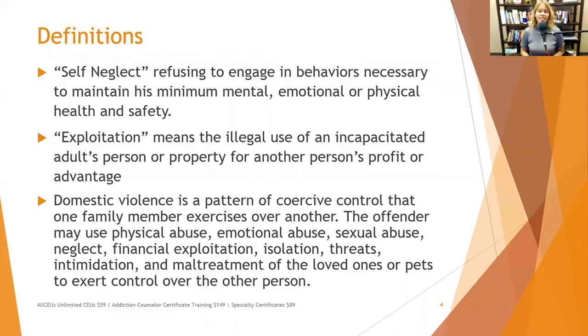And domestic violence is a pattern of coercive control that one family member exercises over another. So elders can be in domestically violent relationships, either with their partner, or maybe they move back in with their kids and it becomes violent between them and their kids.